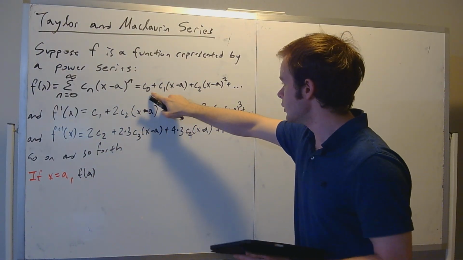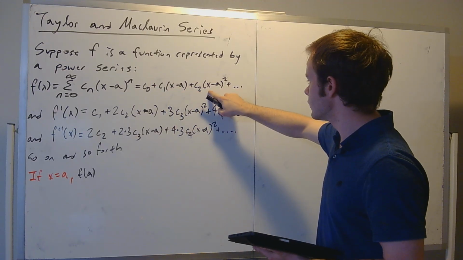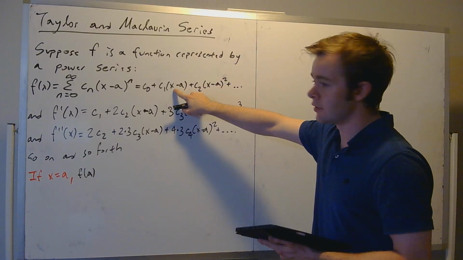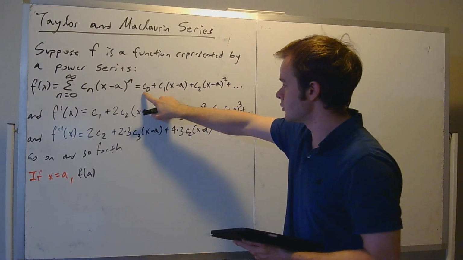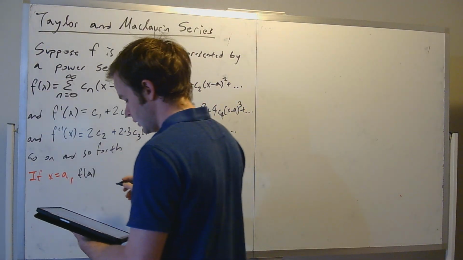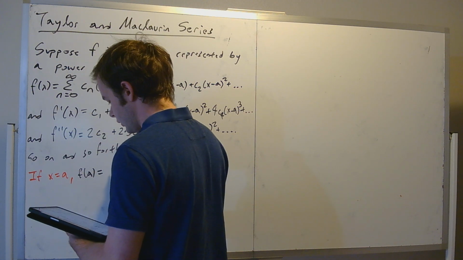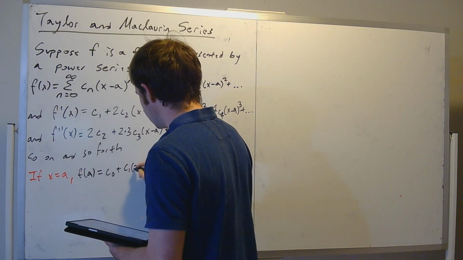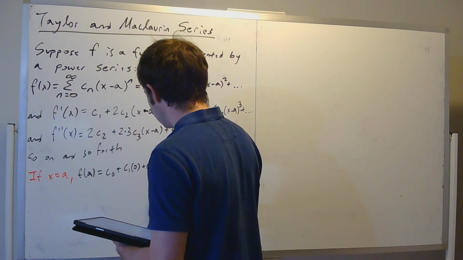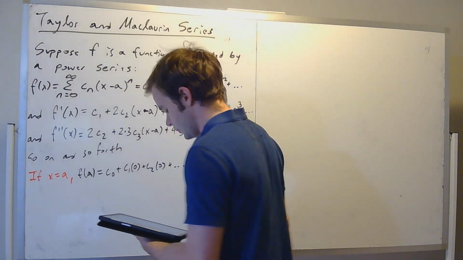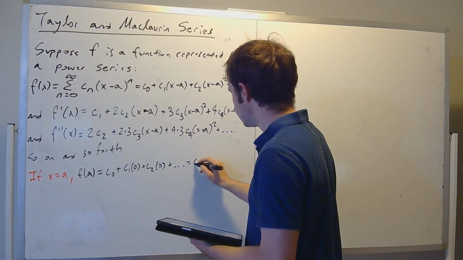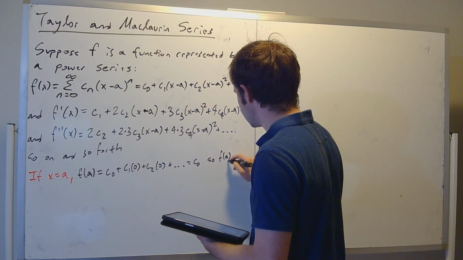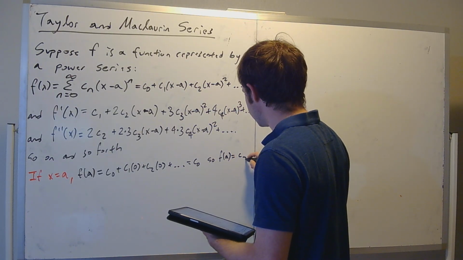Well, notice if we plug in a, this goes away, and everything to the right also goes away because all of them have a factor of x minus a. So the only thing you're left with is C0. So it's C0 plus C1 times 0 plus C2 times 0, and so on. So what you're going to get is C0. So f of a equals C0.